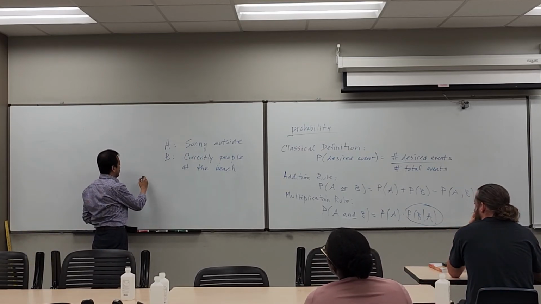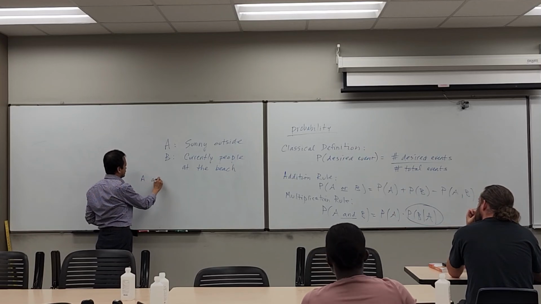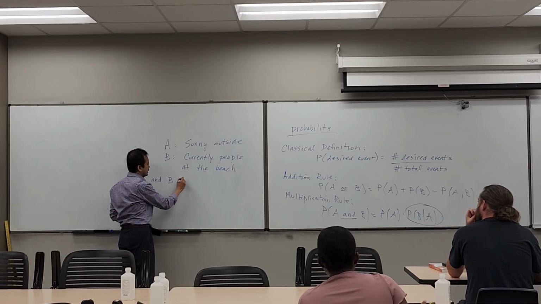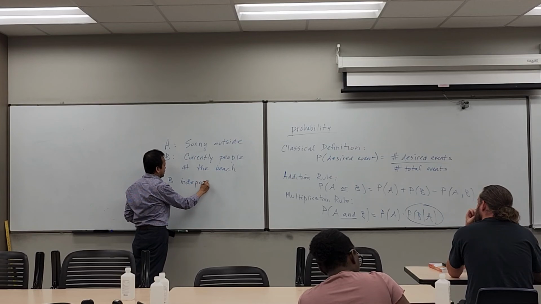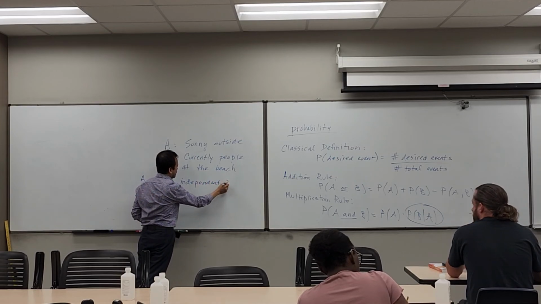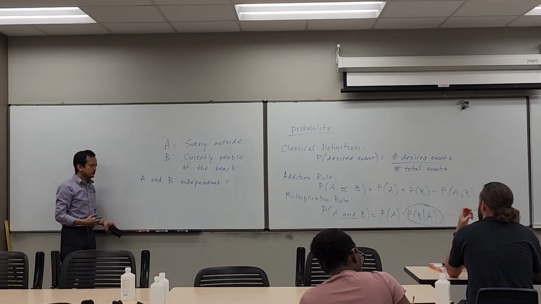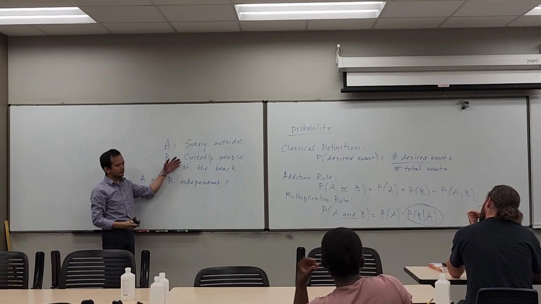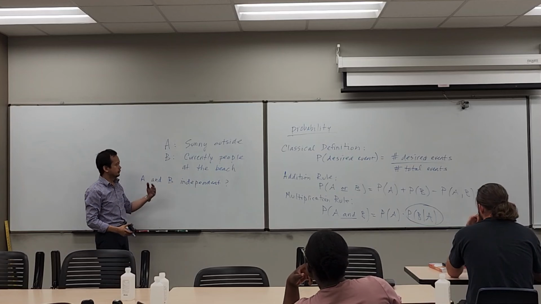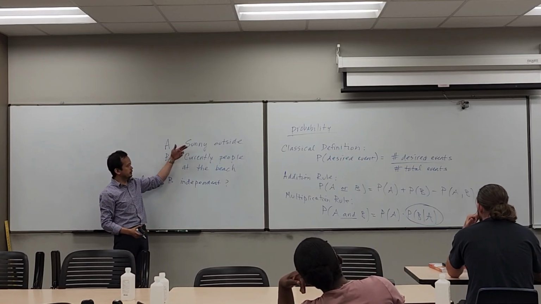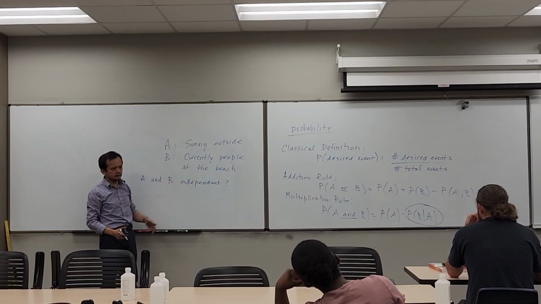So we want to know whether the events A and B are independent of each other. So there's two ways you can answer this question. One is just to ask, if one happens, does it change the probability of the other? So for example, if it's sunny outside, does it affect the probability that there are people at the beach?